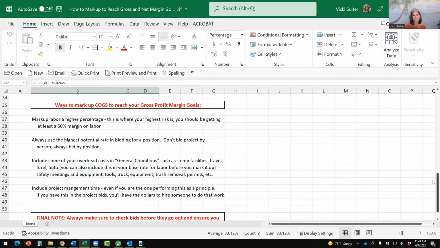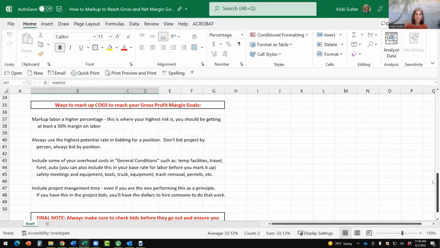But when it comes to labor, whether you're self-performing work or doing any type of work on a project, whether it's project management or site super, you have a lot of risk. You can give them the amount of hours they have to do the work, which is important, but you don't have as much of a safety net as when you have a contract with somebody.